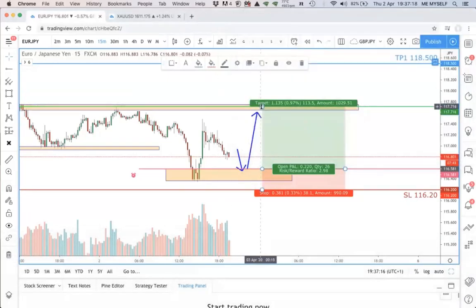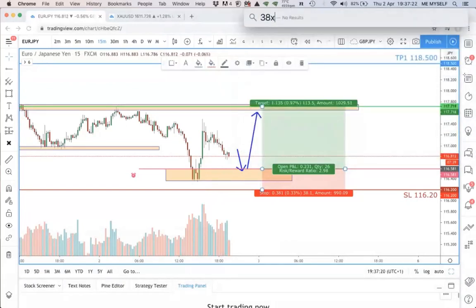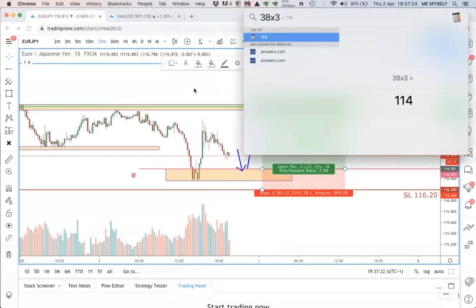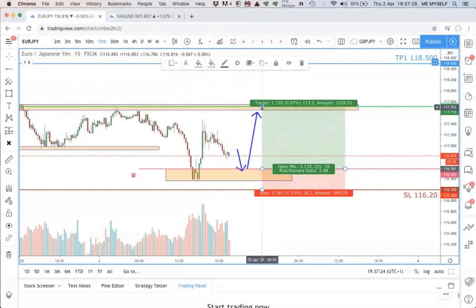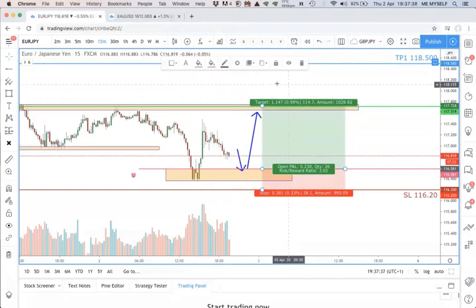Sorry, not 2, I want to do it by 3. So if we do this by 3, that's the 1 to 3 risk to reward ratio. We're up in that area, 117 pips. So in that zone, that's a good risk to reward ratio for your trades.